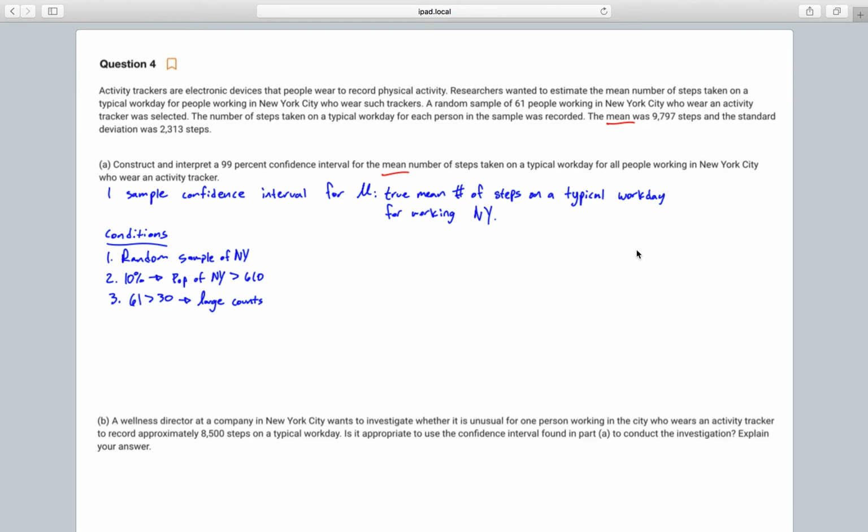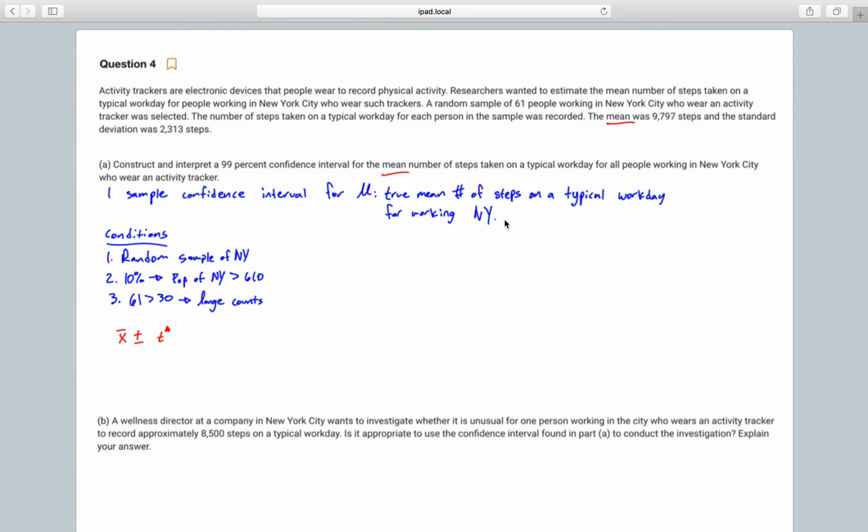We've already named it. So you can do this by hand using the formula, which would be you use your sample mean, and then we're going to add and subtract a margin of error. So that margin of error is going to be our critical value. I'll call that Z star. Or actually, in this case, since it's for a mean, it would be T star.